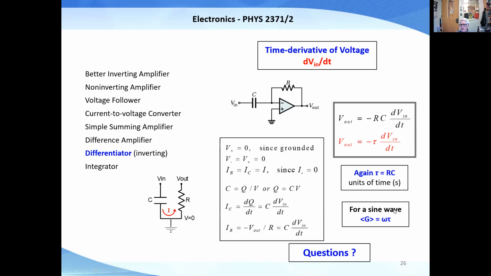Any sine wave is going to give you a gain of this, and it's frequency dependent. If you go to double the frequency, voltage is changing twice as fast, so the derivative changes twice as fast. So the output's going to be higher.